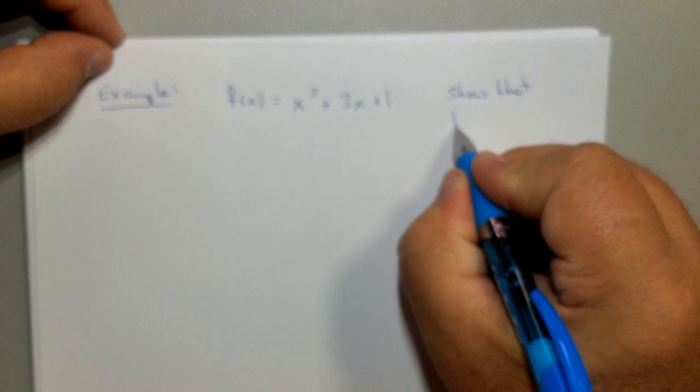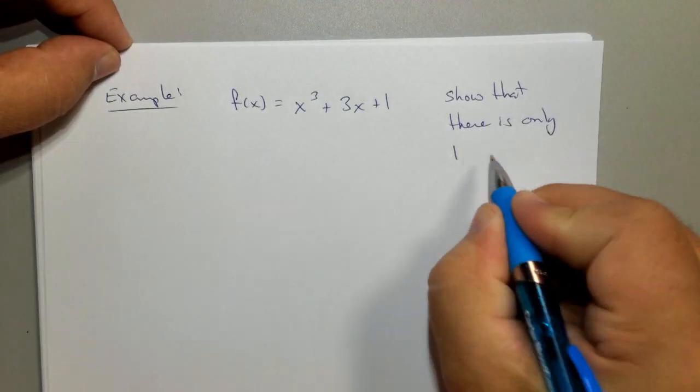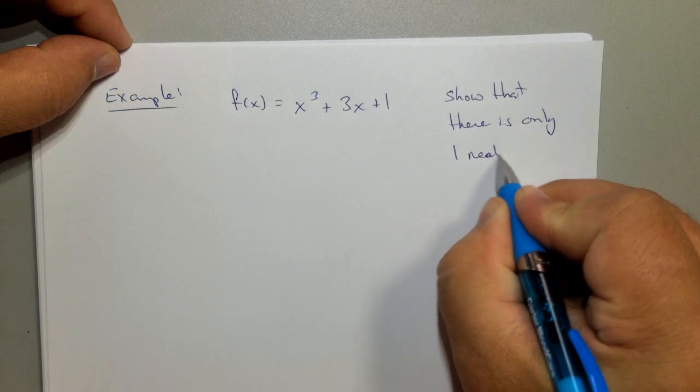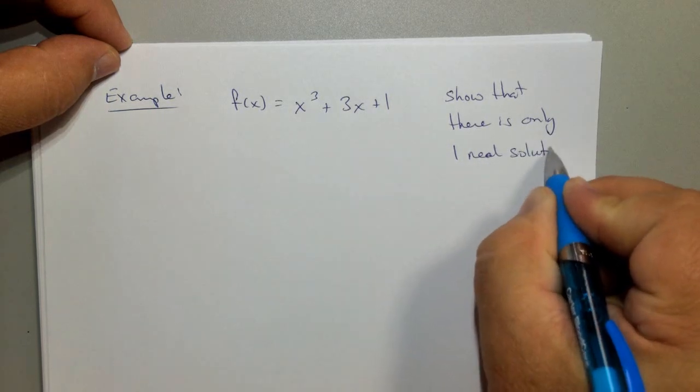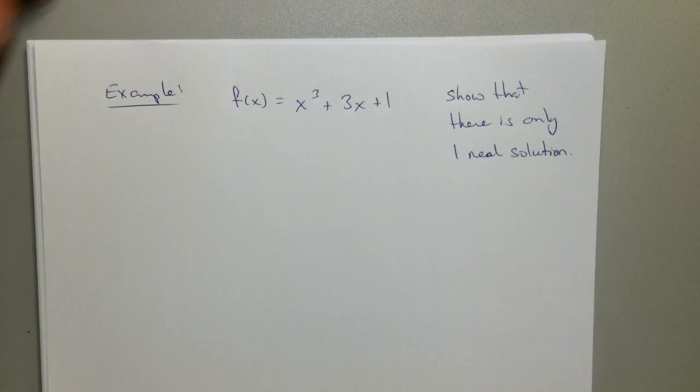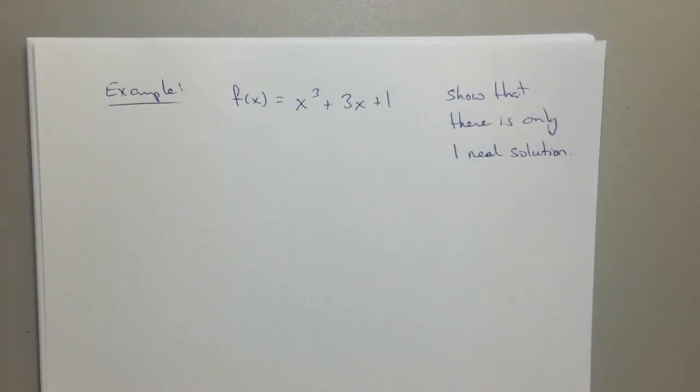Show that there is only one real solution. Remember the intermediate value theorem. What does that mean? What was the intermediate value theorem?